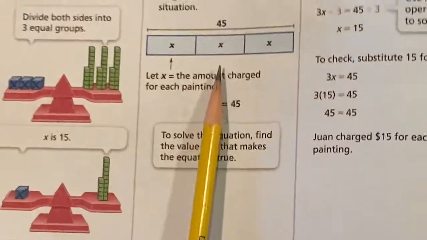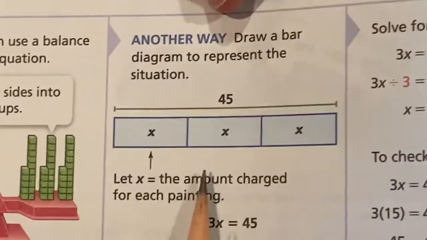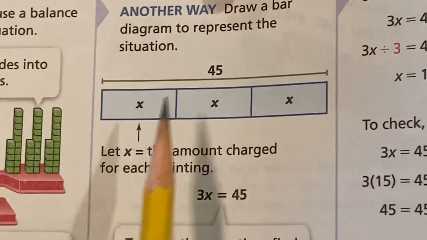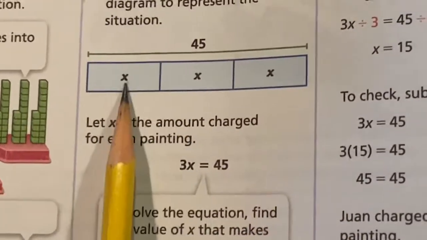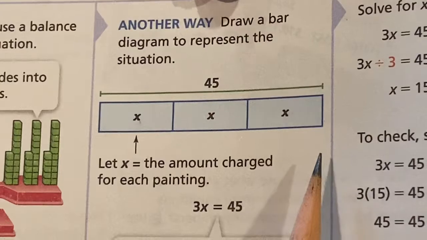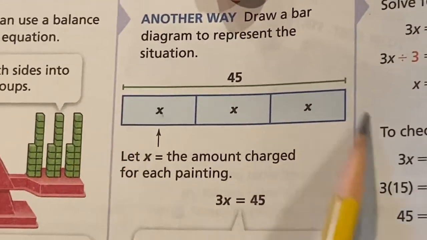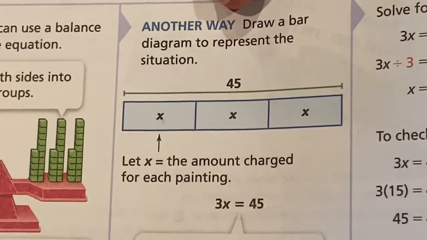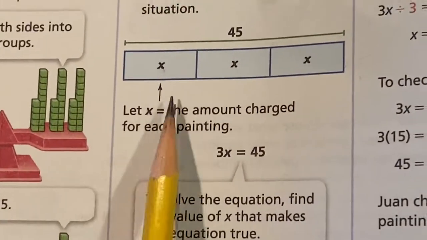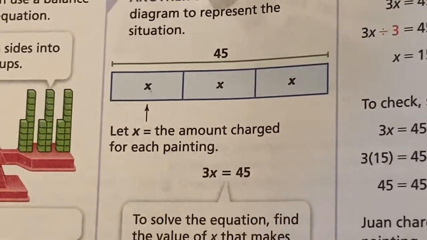You could also use a bar diagram, which is slightly more convenient. And we divided this bar into 3 equal parts because we know that each painting costs the same amount, and then all three of those parts together equals 45. And you're going to have X represent the amount charged for each painting.